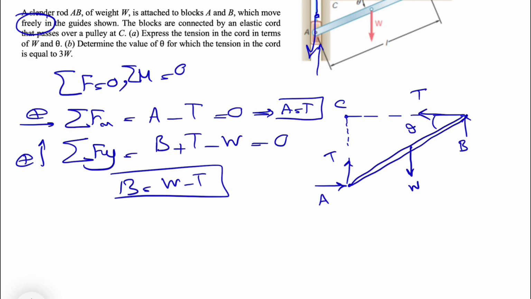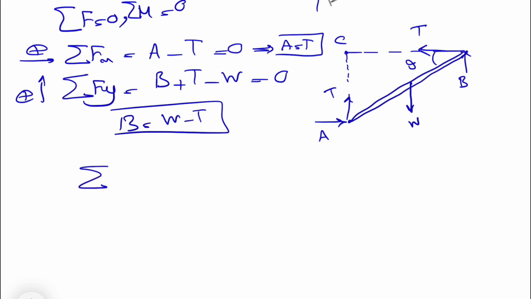Now let's do the moment about point C. We can cancel out the moment of the two tensions since the line of action passes through point C, which means we don't have any moment. So we have the moment of B, which is a counterclockwise moment, B times what we have from C to where B is applied, and for that we know the length of the bar is L, so L cosine of theta gives us the distance.